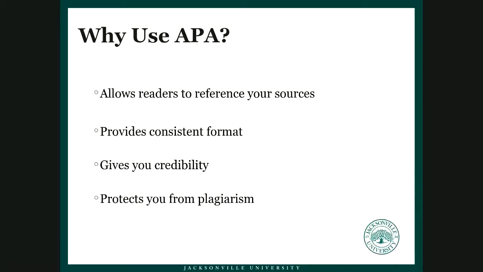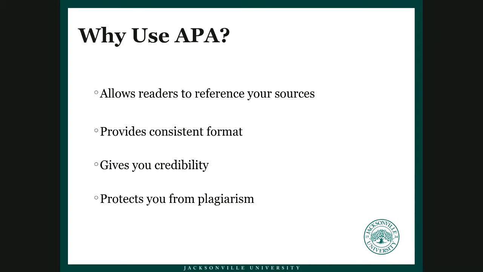Why are we going to use APA? Well, when you use APA to cite your sources, it allows the readers to be able to reference your sources. So if someone sees a source and they want to look it up and maybe use it for their own research, or your professor will a lot of times check your sources to make sure that you're citing them properly or that you're interpreting the information correctly.